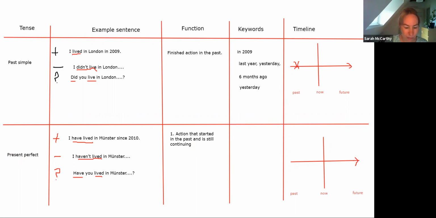So the second reason for using the present perfect is a past action with present consequences. So this is something that's in the past, but it's still very relevant now.